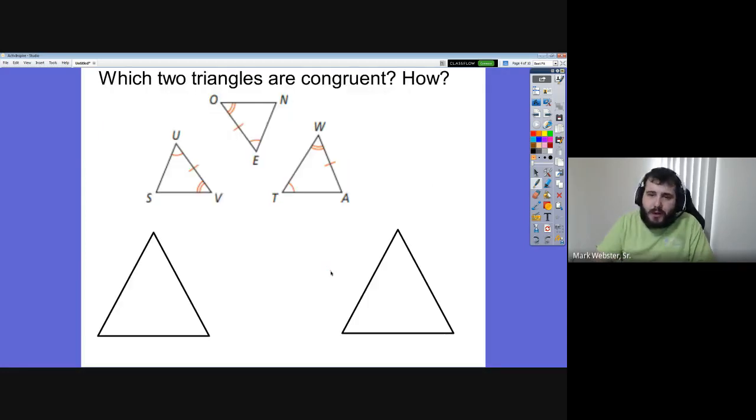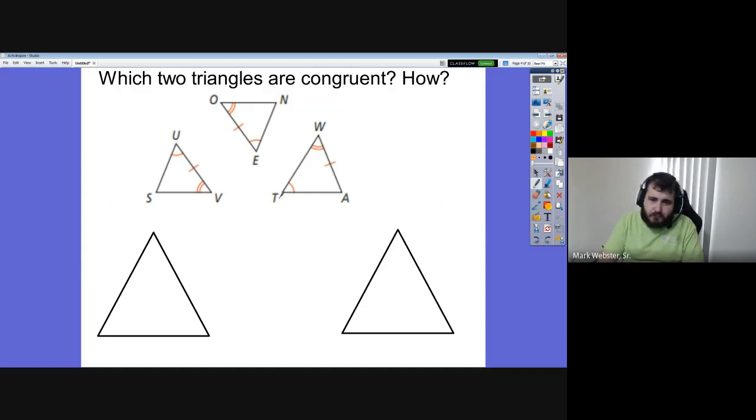So what I want to do here is talk about these three triangles right here, and I want to know which two triangles are congruent. The way that they're drawn here makes things difficult, right? What I want to notice is which one is the odd triangle out.